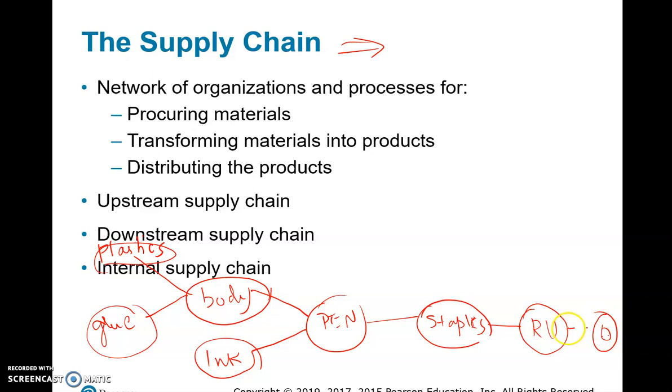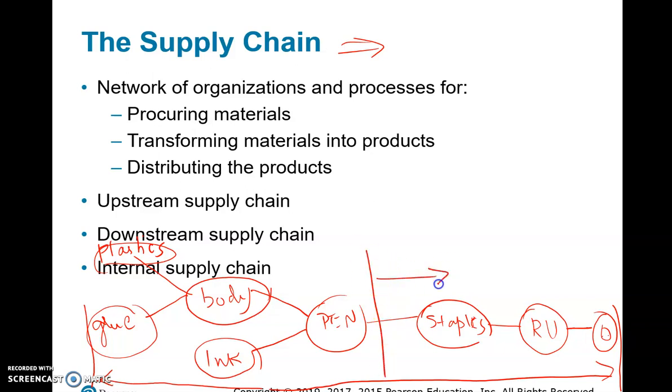Okay. So the supply chain starts from the glue manufacturer and plastic manufacturers all the way to us who use it. That is the entire supply chain. In this supply chain, you have upstream, which is anything upstream, and this is anything downstream.